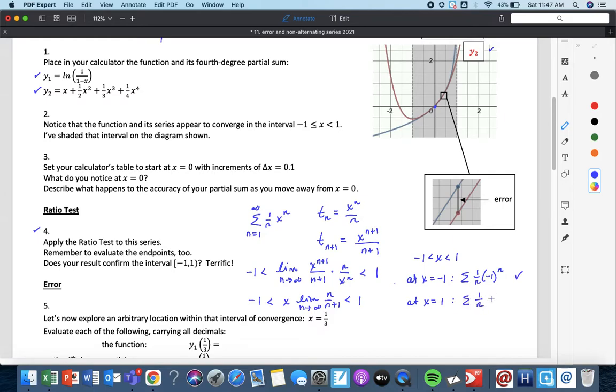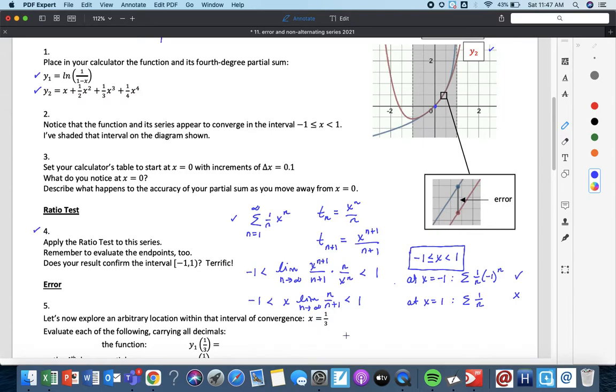You get 1 to the n, which is always 1, and that does not converge. So we can refine our interval by adding an equality to the left endpoint, and there is our interval of convergence. And what that means is that we can use this series to model that natural log function up here as long as we use x values in this interval.